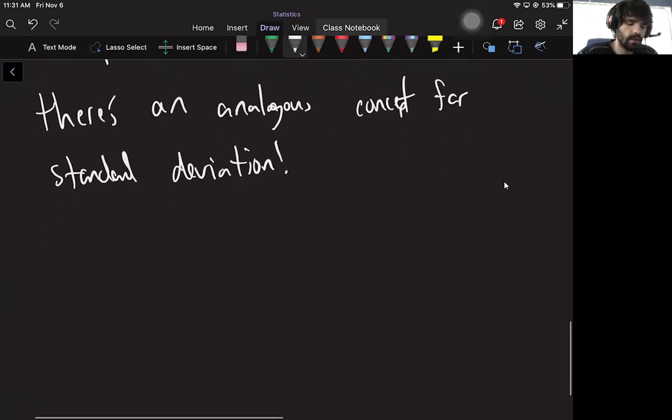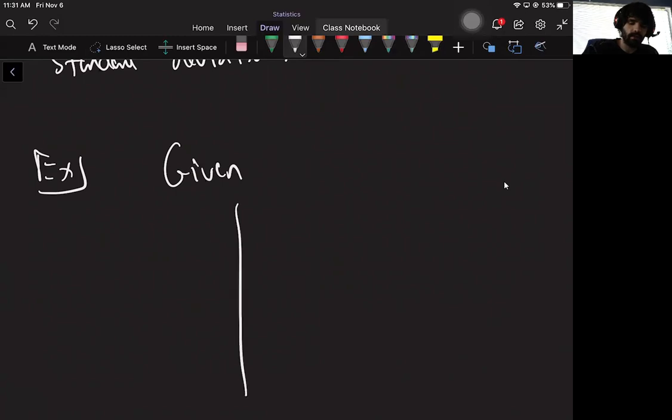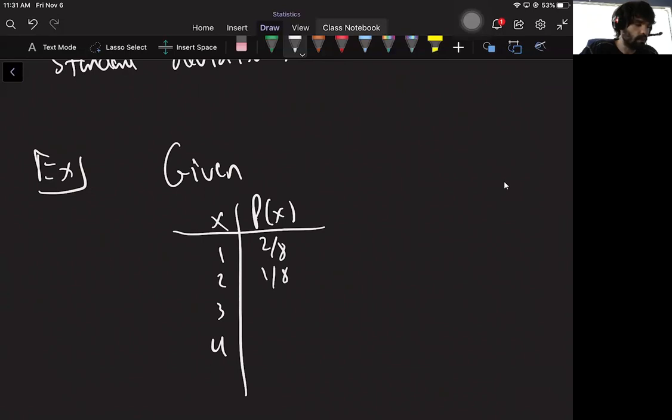Okay, so I guess I just need to jump into an example to try to make it work. I'll start with a probability distribution, the new one I just made up. So I'll do 1, 2, 3, and 4. My probabilities will be 2/8, 1/8, 1/8, and 4/8.